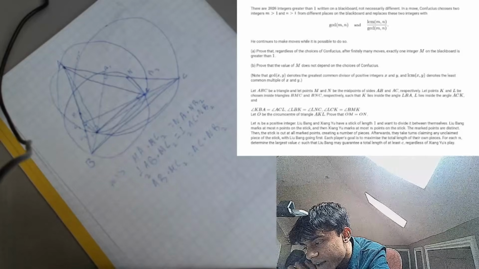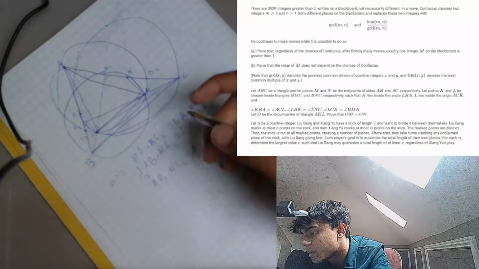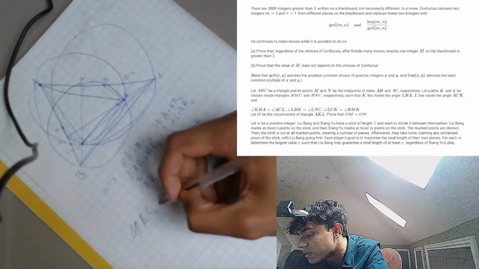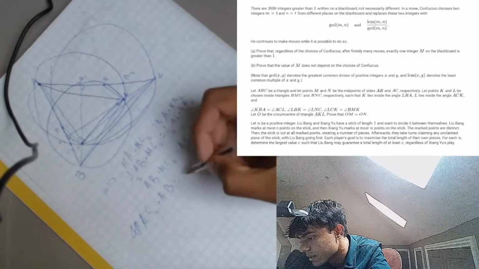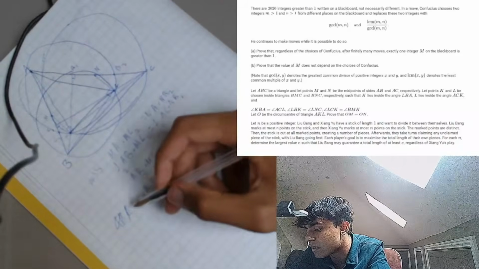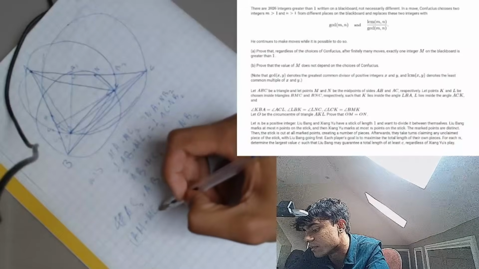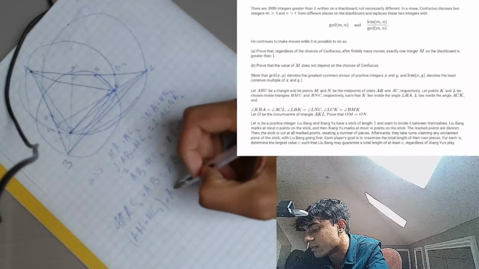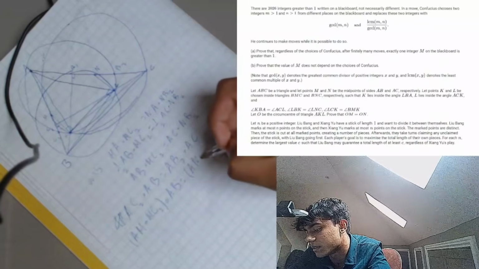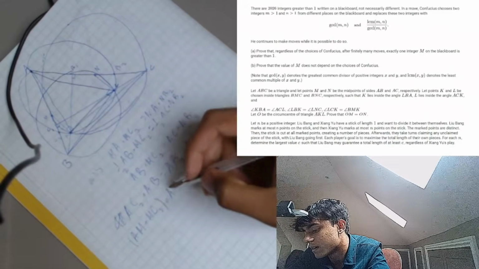Yeah, we don't have the length AC2. Okay, wait, let's take this. What if AC2 times AB equals AB2 times AC? Well then, AC2 is nothing but AM plus MC2 times AB, which is AB2 AN plus NB2 times AC.